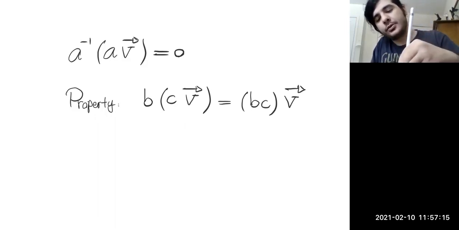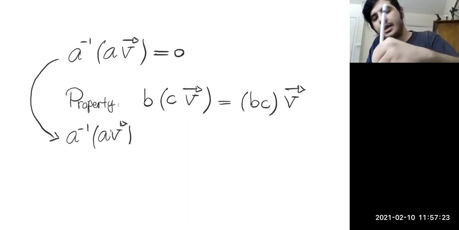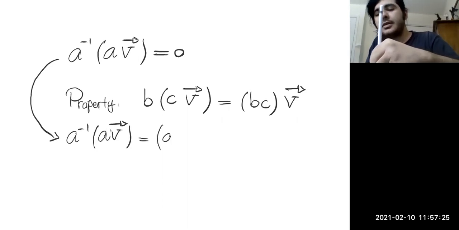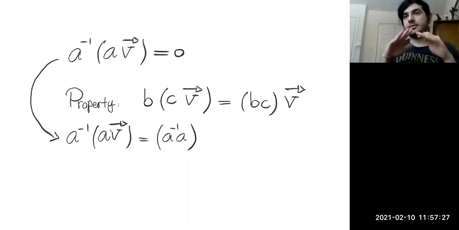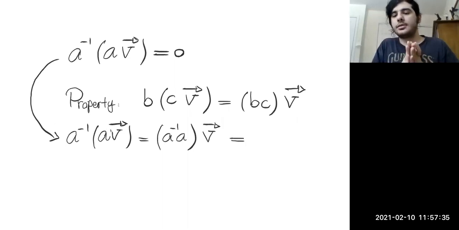So here, using this property, A inverse times AV is equal to A inverse times A, first we multiply these two elements, and then we multiply the result by the vector V.